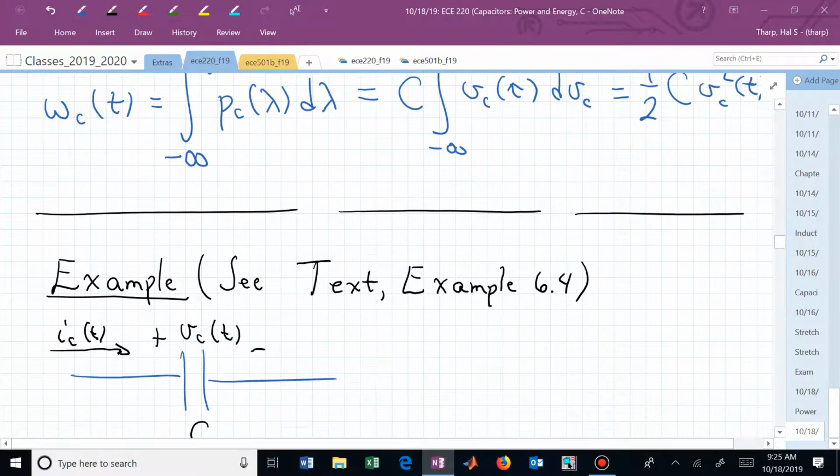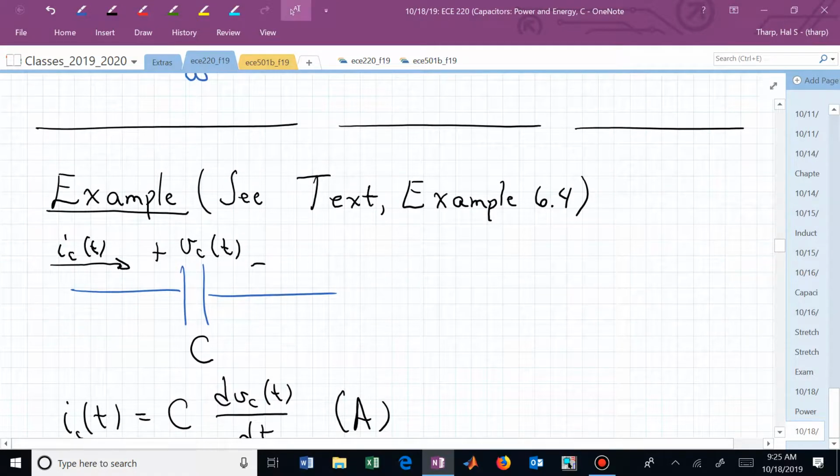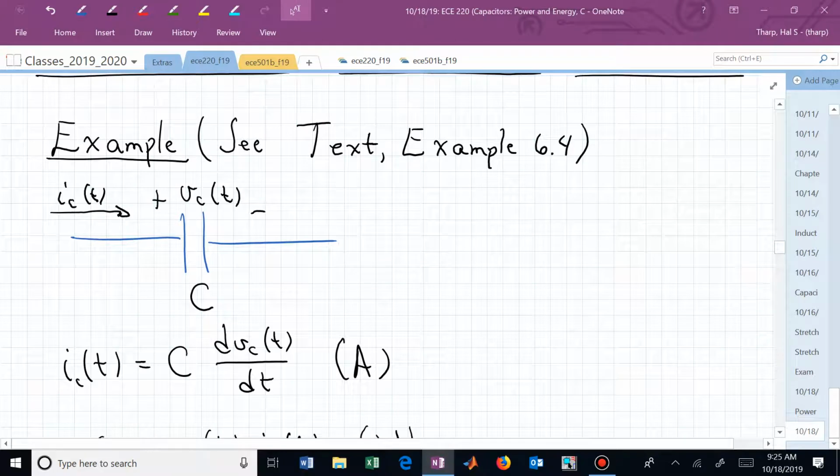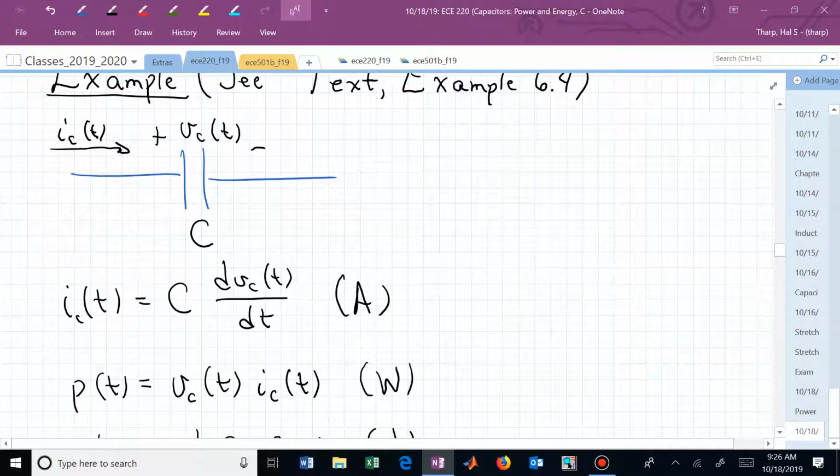And now that we have all of those formulas, let's use them. And the book walks us through a nice example. If you want to look at better figures than what I'm going to draw, you'll probably draw figures better than what you see in the textbook. But if you look at example 6.4 in the textbook, we're going to look at an example that uses these concepts.